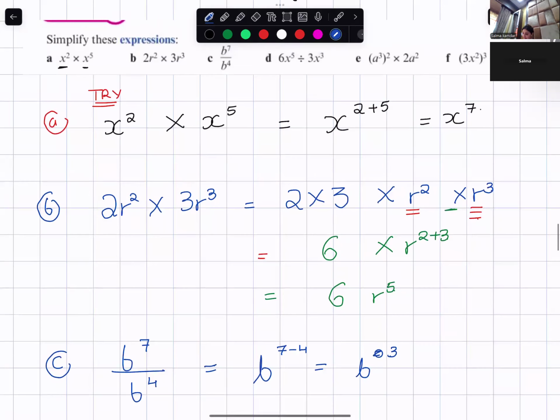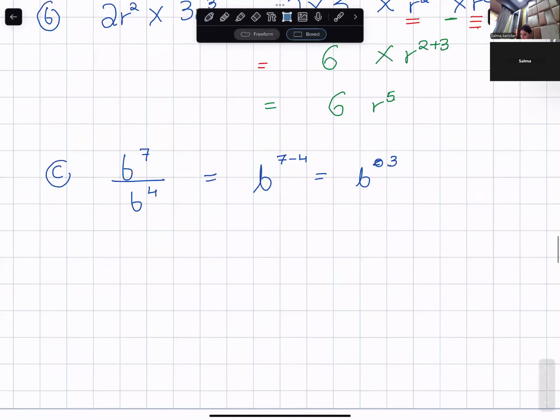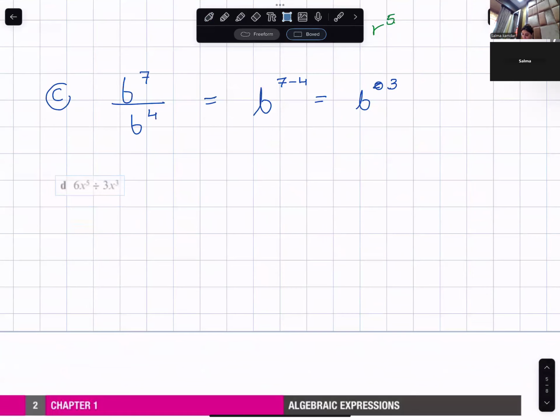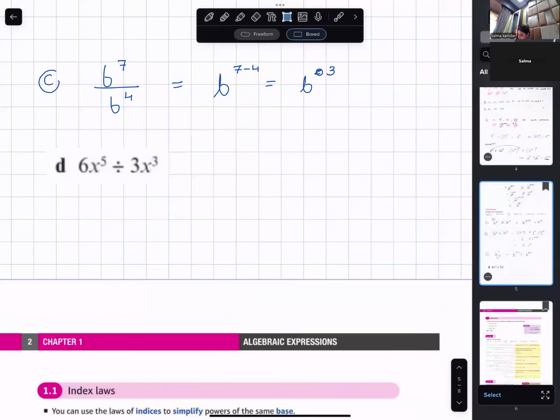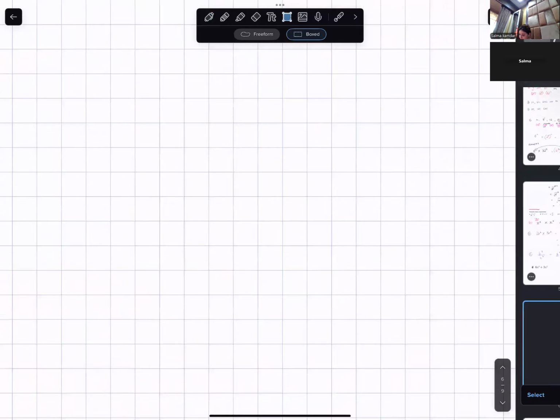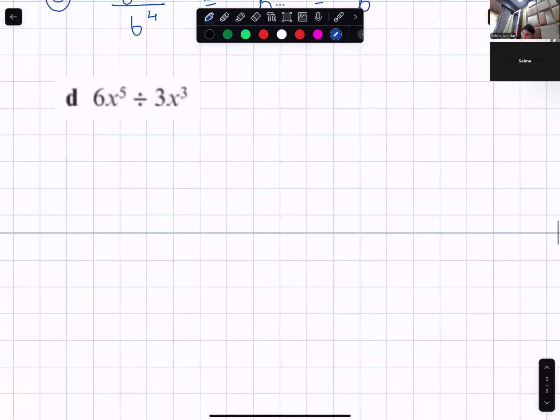Okay. Let's take the fourth example, the D1. Is the base same? No. So I have 6x to the 5 divided by 3x cubed.